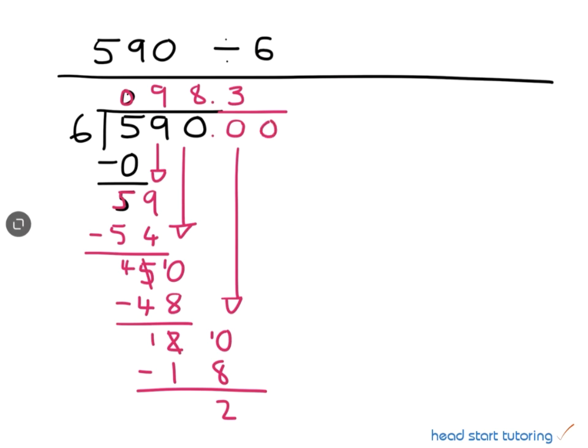And as you can see, the pattern will just continue. 6 into 20 goes 3 times, and that's 18. So what we've got is 98.33 recurring.